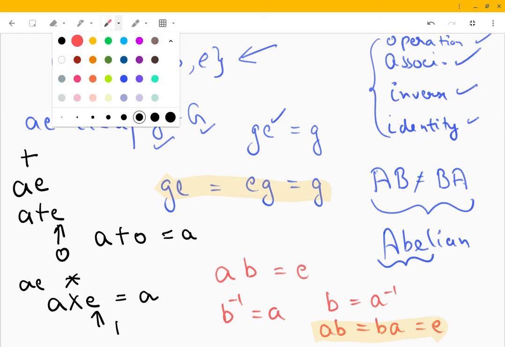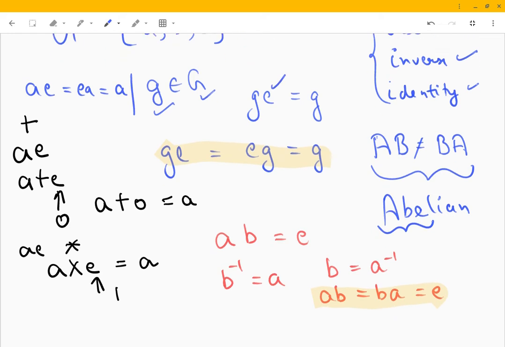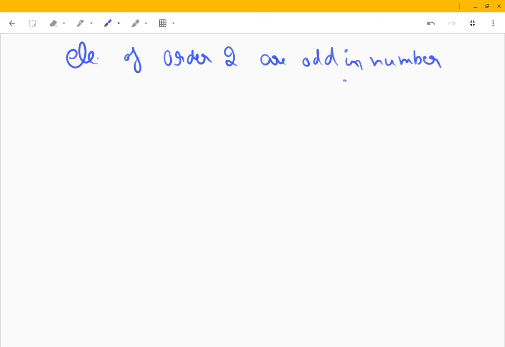Okay, now getting to the point of this video, which I really wanted to emphasize: we often come across the statement that elements of order 2 are odd in number, or they are exactly half.